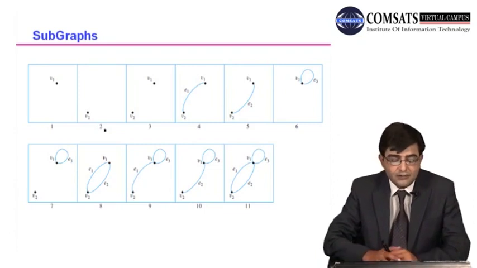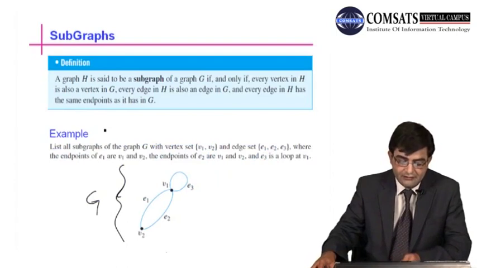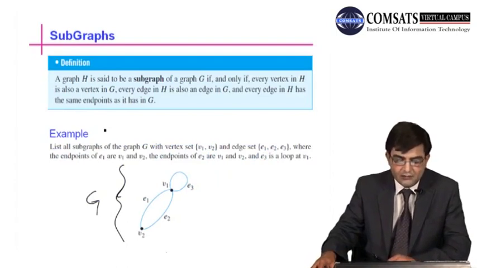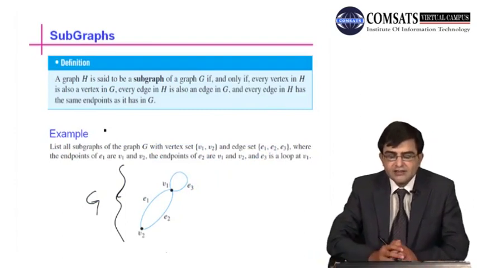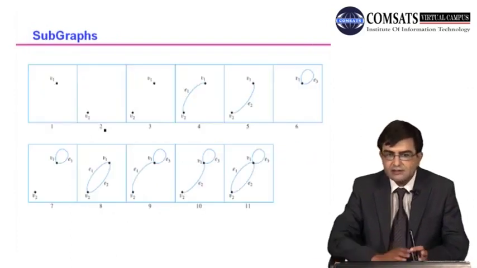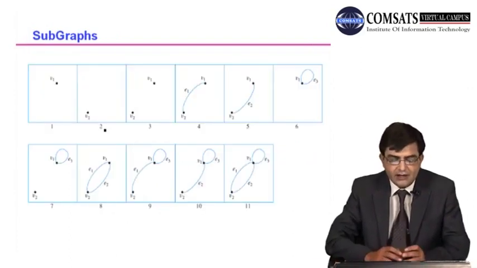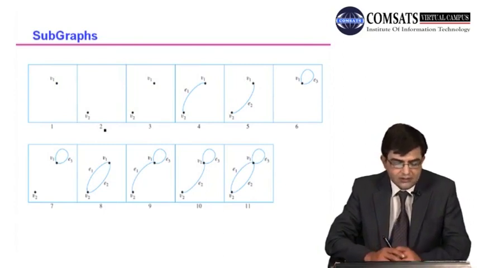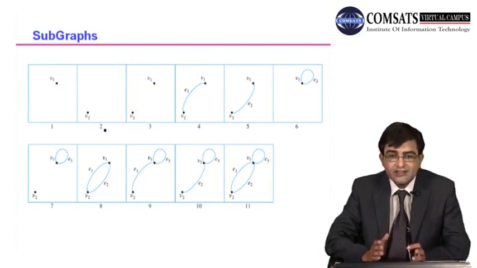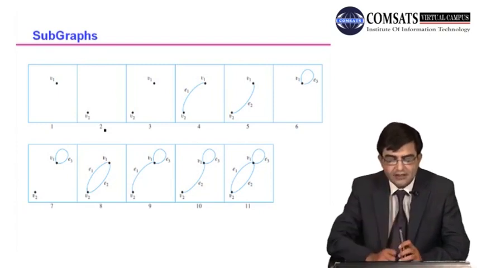This is a subgraph of G because it satisfies all the conditions in the definition. The first condition is every vertex in H is also a vertex in G. So V1 is a vertex, it is also a vertex in G, and there are no edges and no other vertices, so we cannot check the other conditions, that every edge must have the same endpoints as in G. So this is a subgraph.